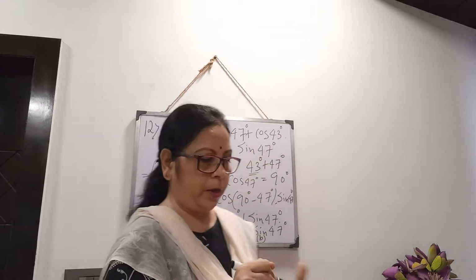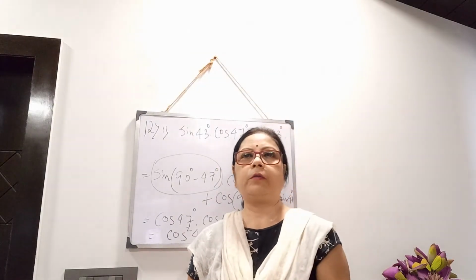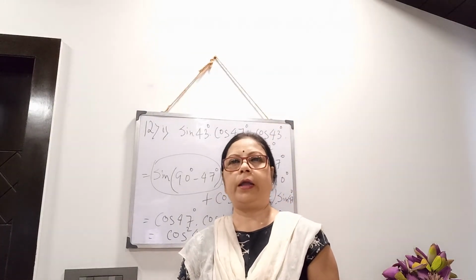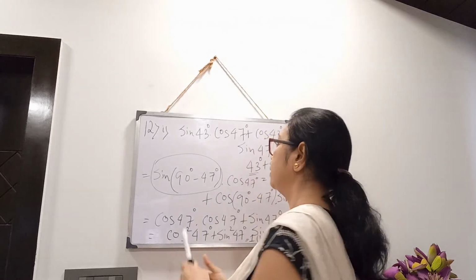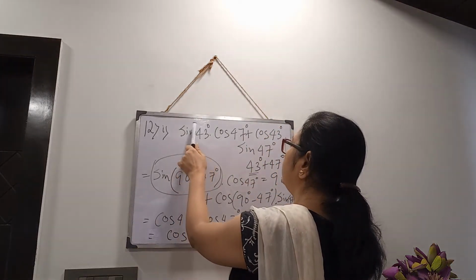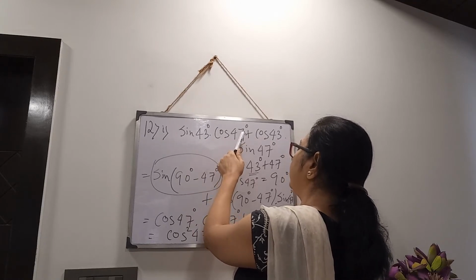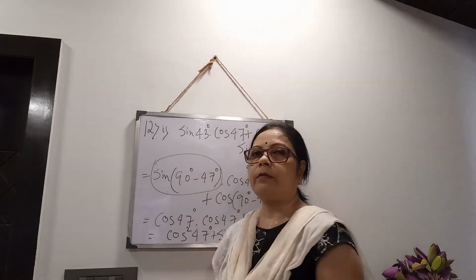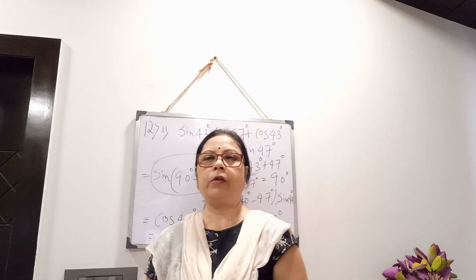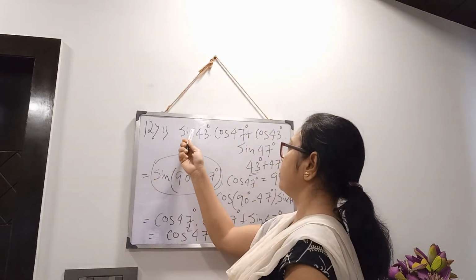Correct option is B. So here you have noticed I have converted one angle in terms of the other, but not together. Suppose you convert 43 in terms of 47 and 47 in terms of 43 together, then what will happen? The same question you will get.